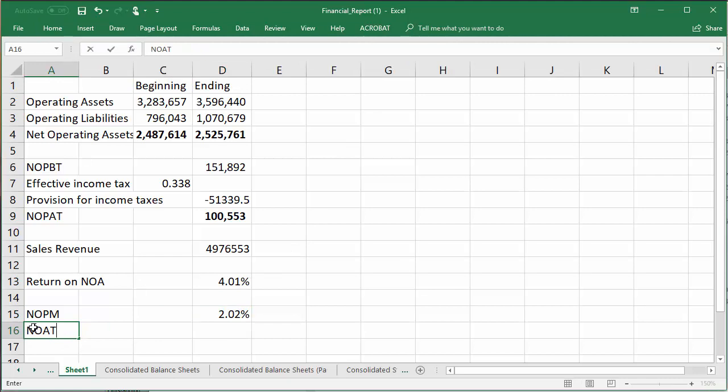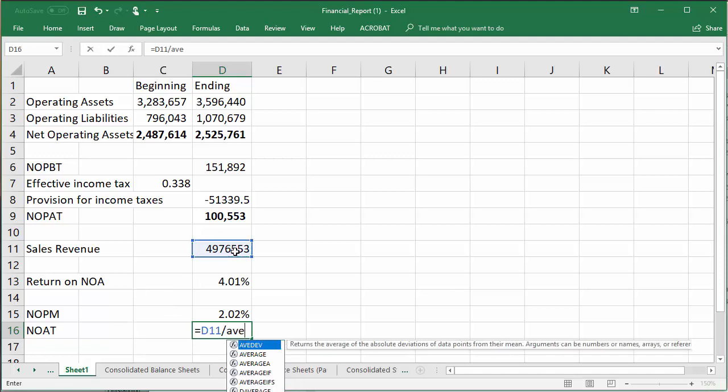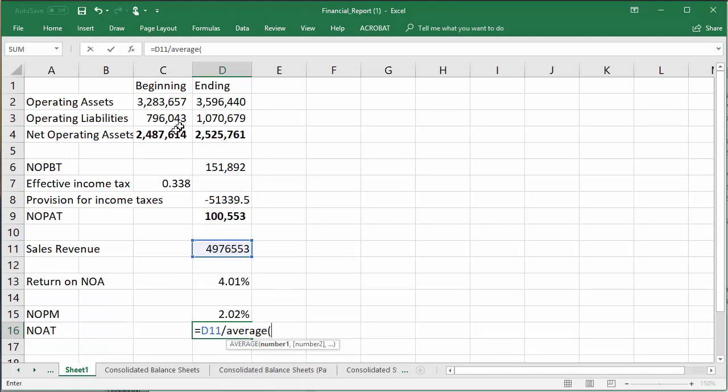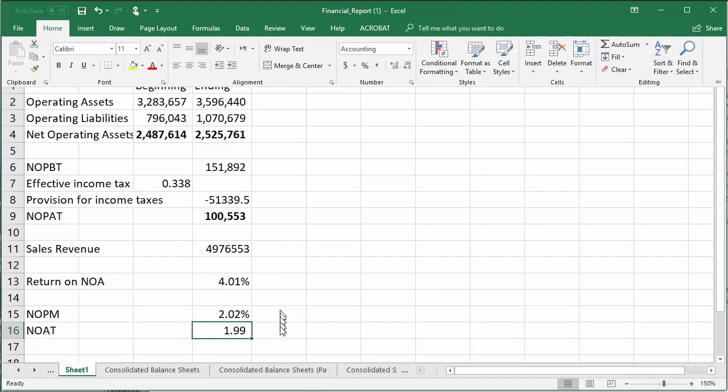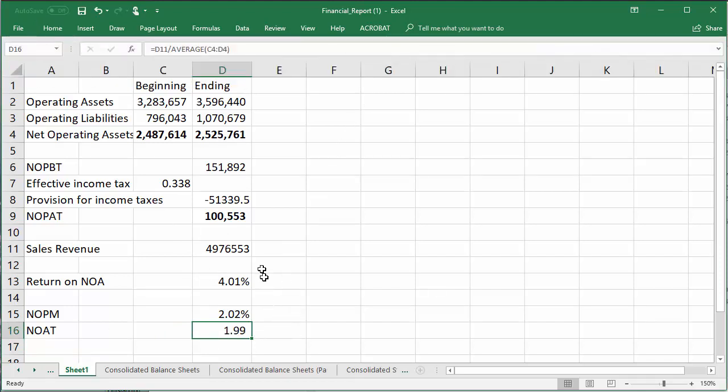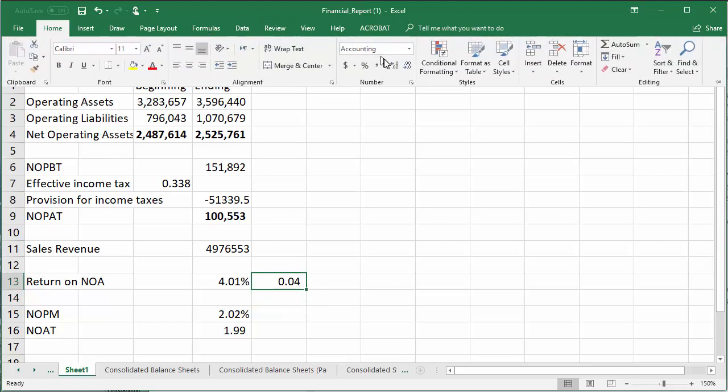The other thing we have is NOAT, net operating asset turnover. That would be equal to sales divided by average net operating assets, or 1.98. And then what you'd want to do here is make sure that these two, net operating profit margin times net operating asset turnover, are going to be equal to return on net operating assets.